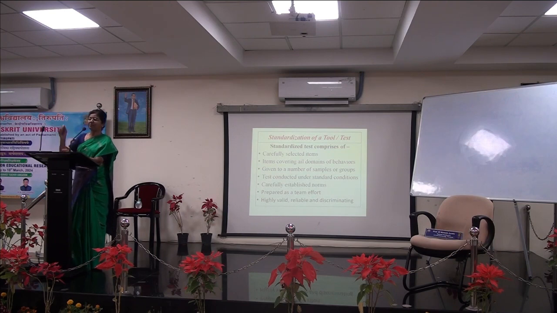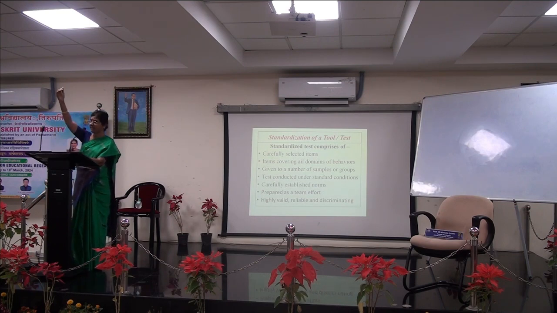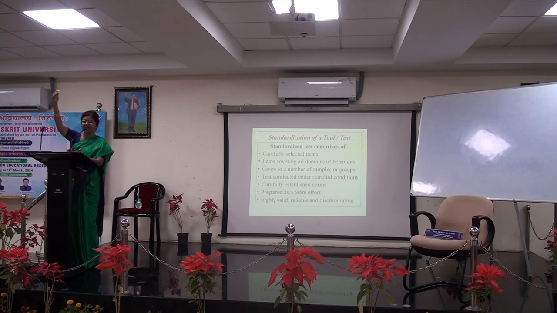Like the general norm, you take for example, X is the general norm of proficiency of English students, those who are studying in Sanskrit central universities. It is the average. You have to compare your students' performance with the national average. That is called the national norm.